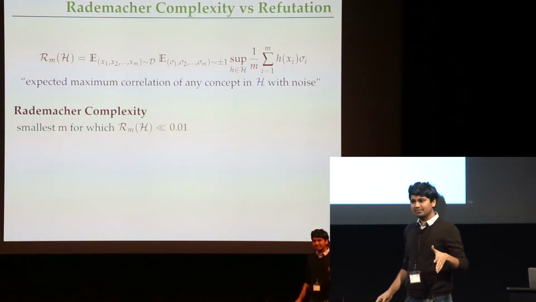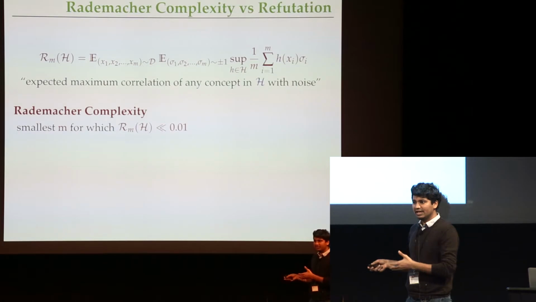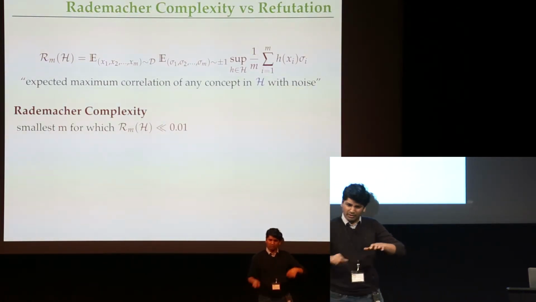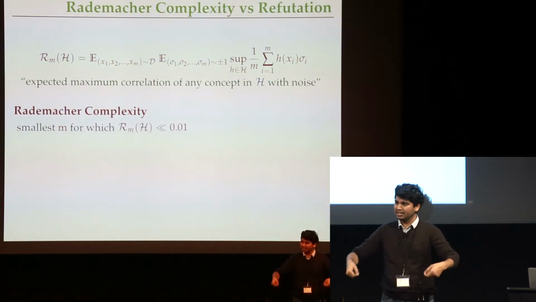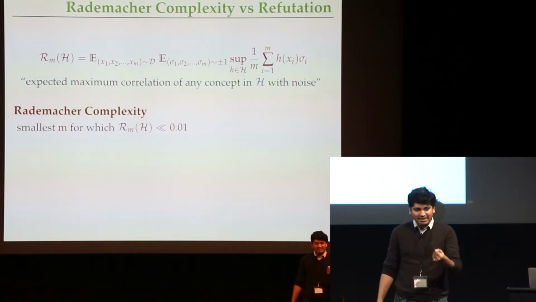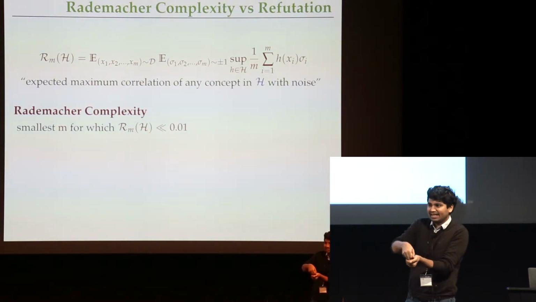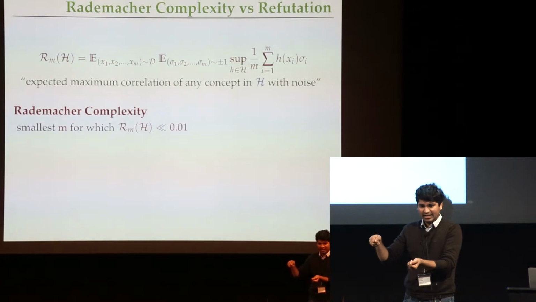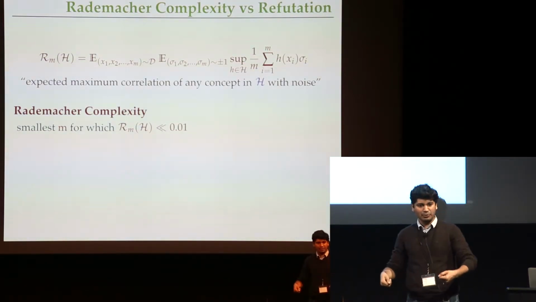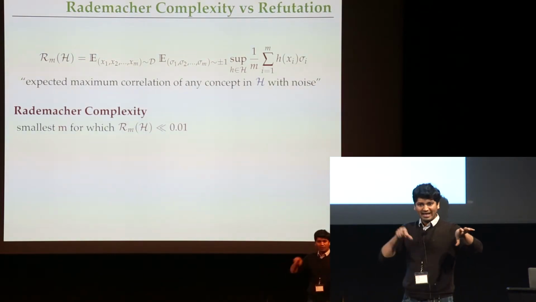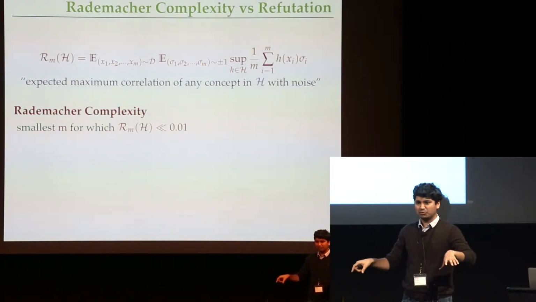What is this quantity intuitively trying to measure? It's trying to understand, over the kind of examples that can appear in your distribution, what is the maximum correlation that any function in your class can have to complete garbage, like completely random noise. In some sense this is bad. If I'm trying to learn, I know that the true correlation of any function in my class to complete garbage is supposed to be 0.